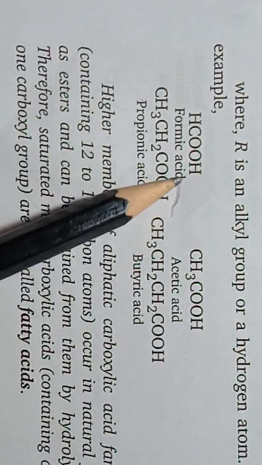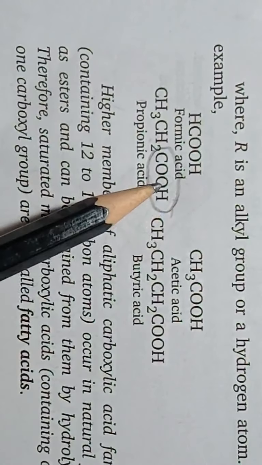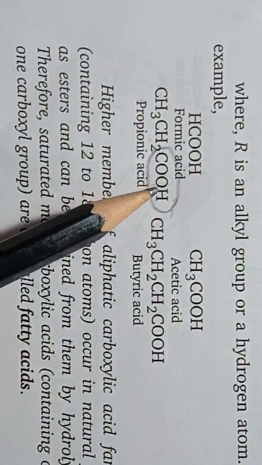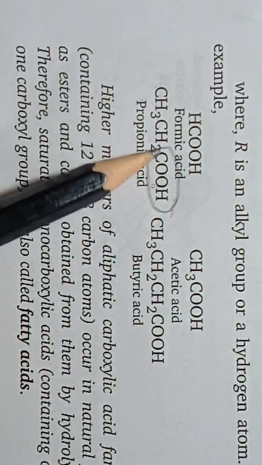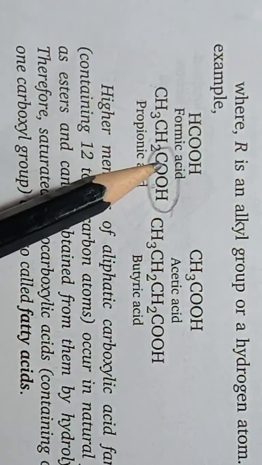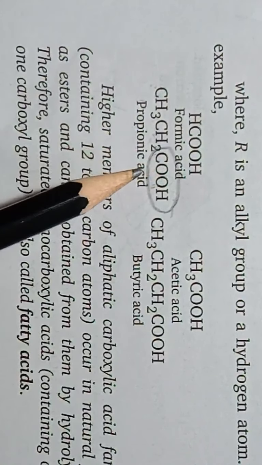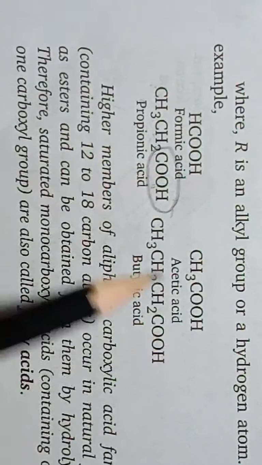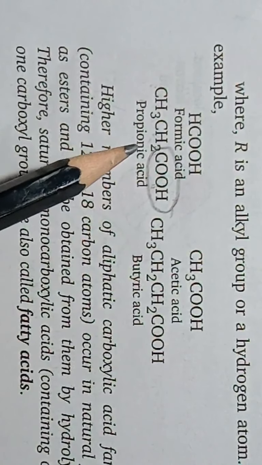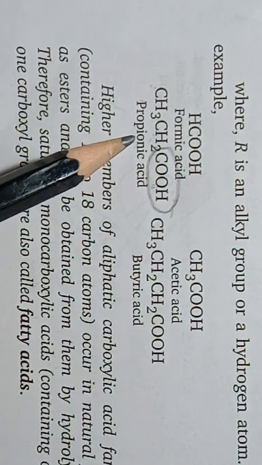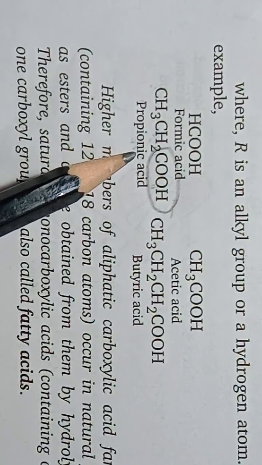The suffix which is used for carboxylic acid is oic acid. The total number of carbons in this chain is 3, so the root word will be propane, and the e of propane will be replaced by oic.